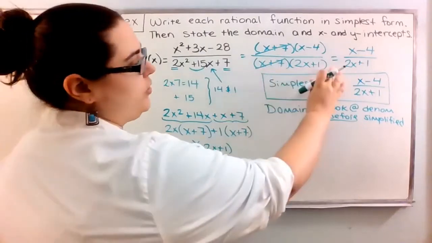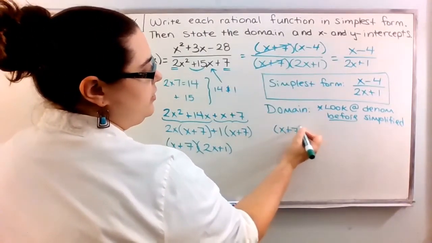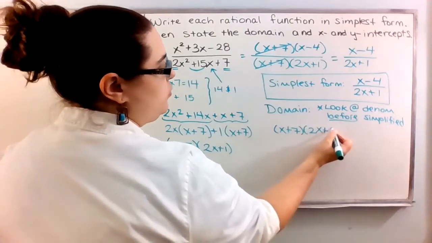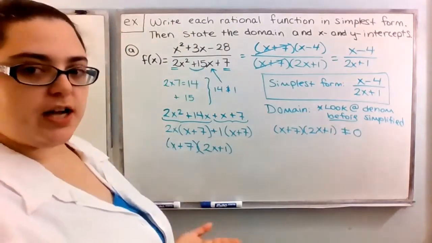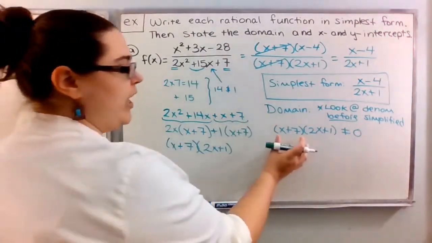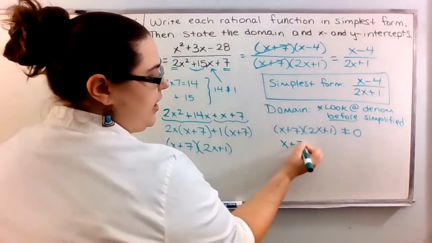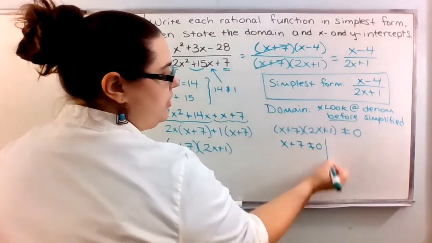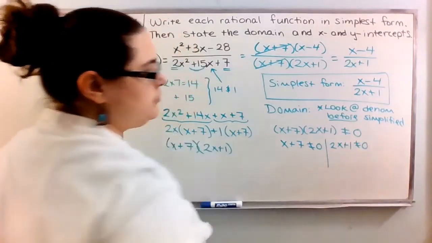So in this case, we're going to take this denominator here. So we have x plus 7 times 2x plus 1, and that cannot equal 0, because if the denominator is 0, then the fraction doesn't exist. And since we're in factored form, we'll use the 0 property and say x plus 7 can't be 0, and 2x plus 1 can't be 0.